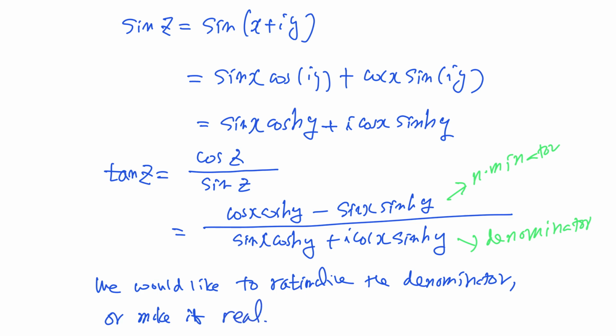So what do we do? Same approach, do nothing, right? Just multiply by the complex conjugate of the denominator in both numerator and denominator.